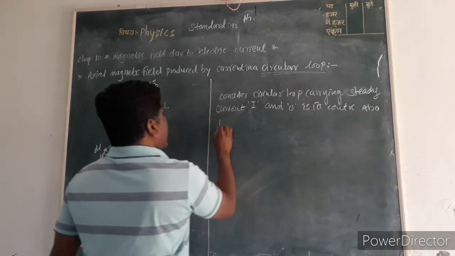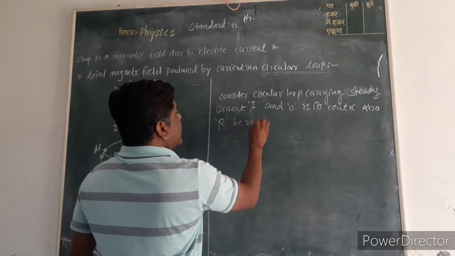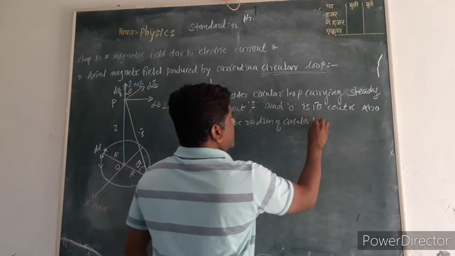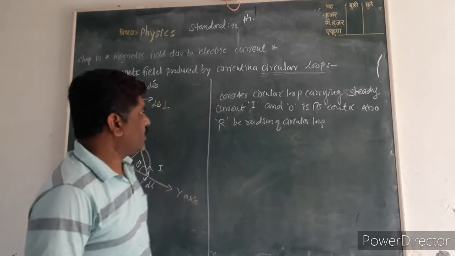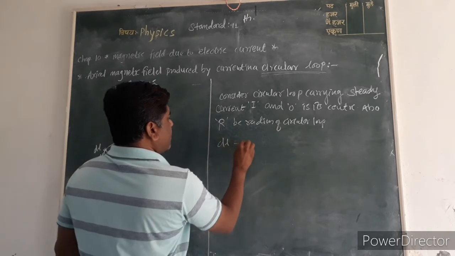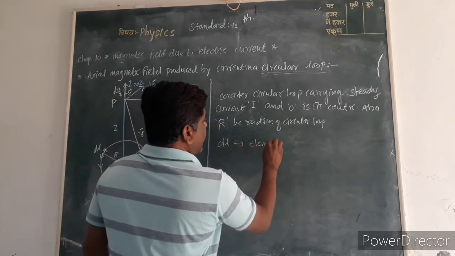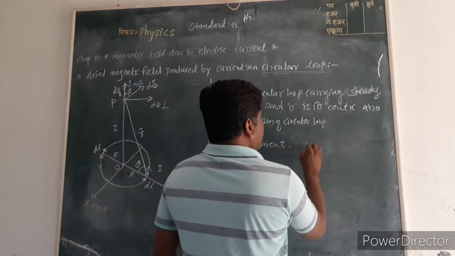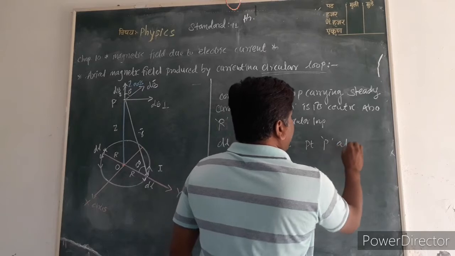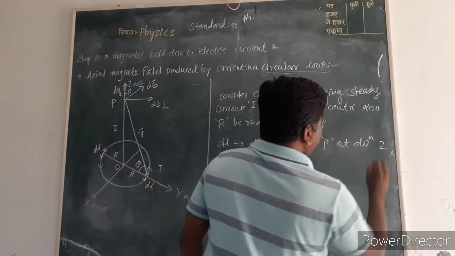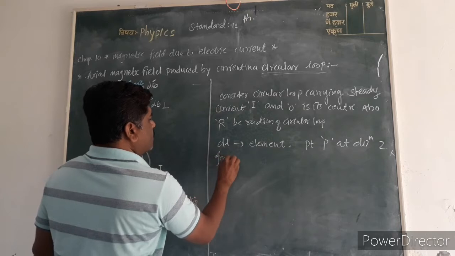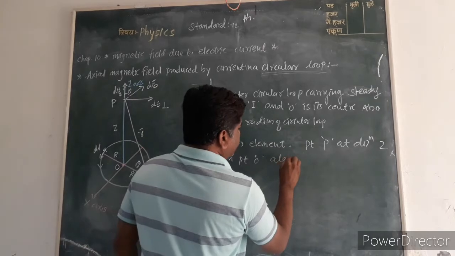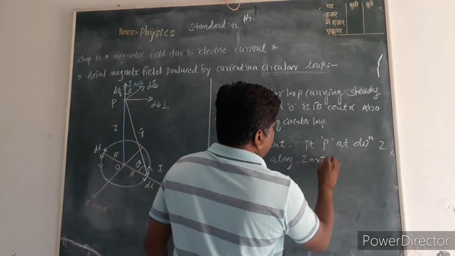Capital R is the radius of the circular loop, dl is the length element, and point P is at distance z from point O along the z-axis.